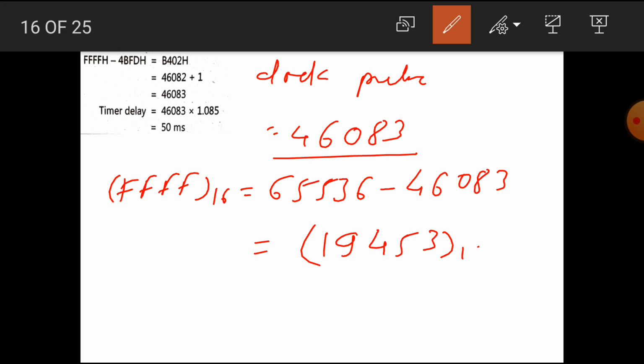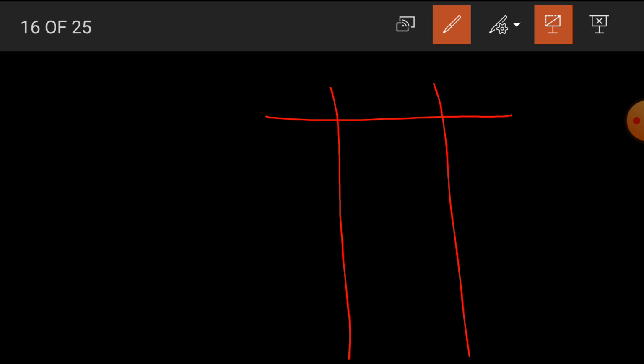Okay, this is the decimal value, and we have to convert this value into the equivalent hexadecimal value. How do we convert this decimal number into a hexadecimal number? This is already learned in the first year. Let's see once again.